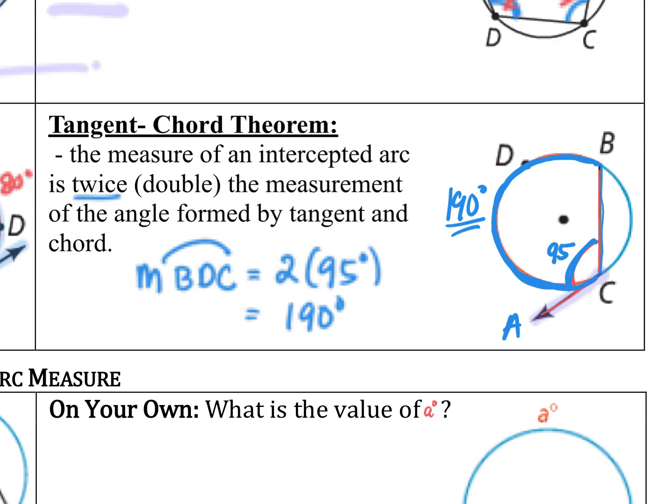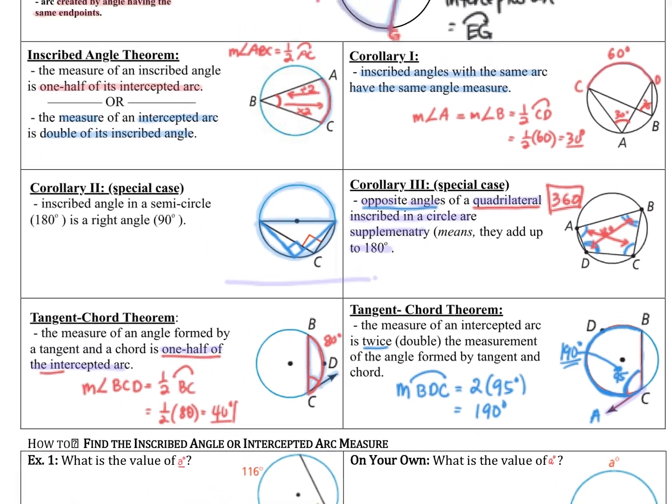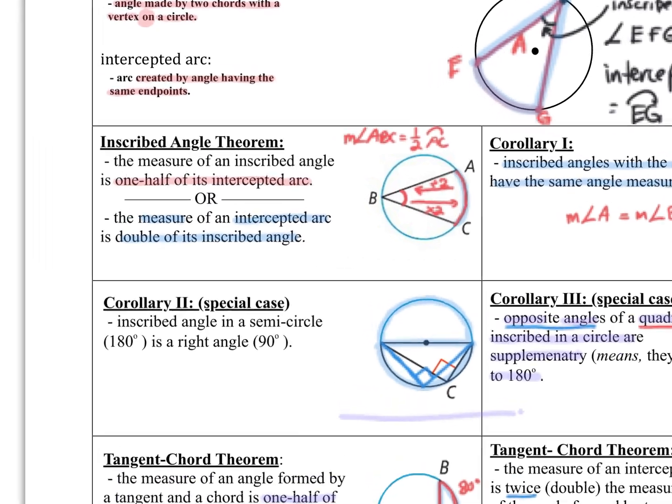So if you look at the size of this angle, 190 divided by 2 is going to give you 95, which is just like the inscribed angle theorem.